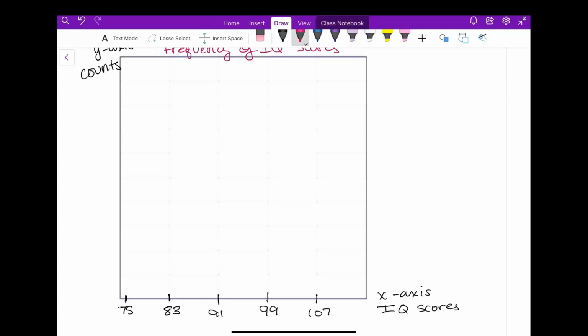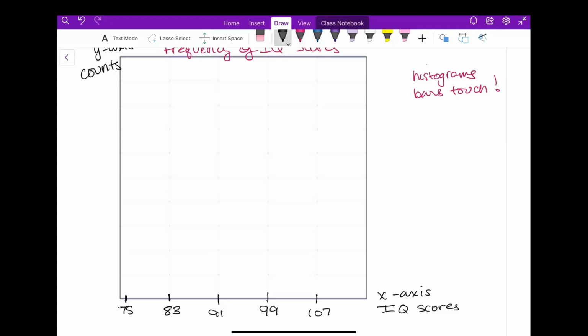Another thing about histograms is, don't forget, in your histograms, your bars touch. This is one of the differences from bar graphs. Let's go ahead and label our y-axis. We need to have a scale as well.